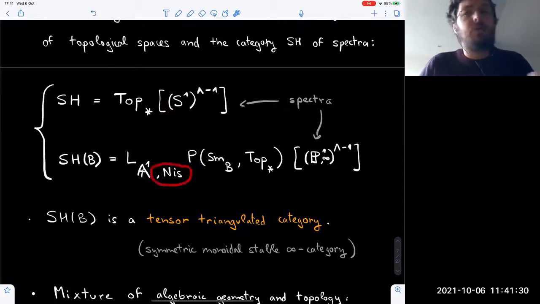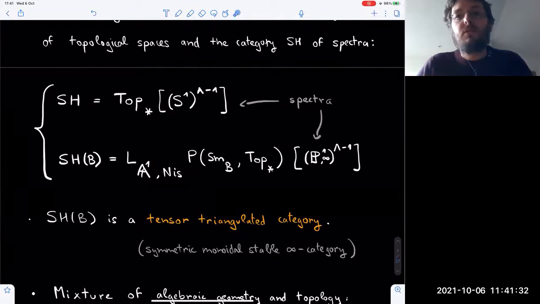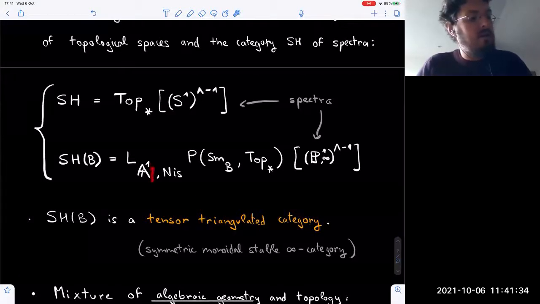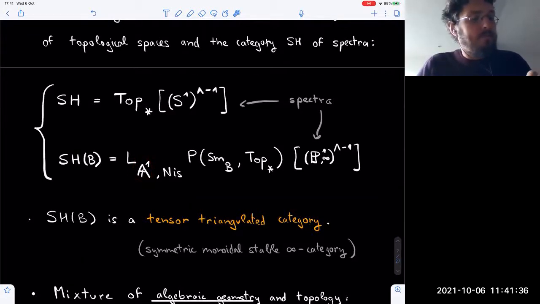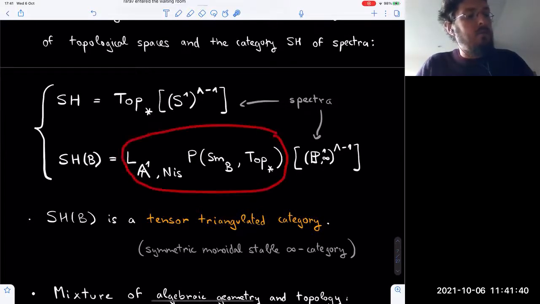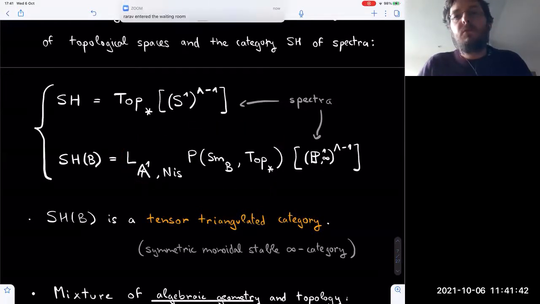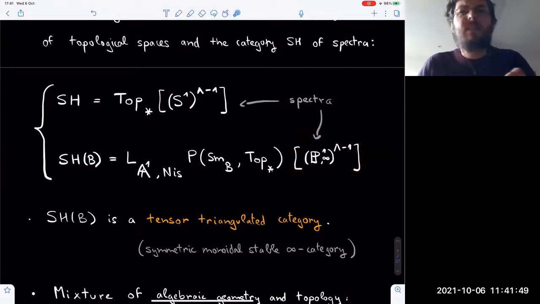You impose a condition of Nisnevich descent for the Nisnevich topology and the condition of A^1 homotopy invariance. And this is now the unstable pointed motivic homotopy category. And as in the topological setting, you invert something for the smash product, which, instead of inverting the circle, you invert P^1.